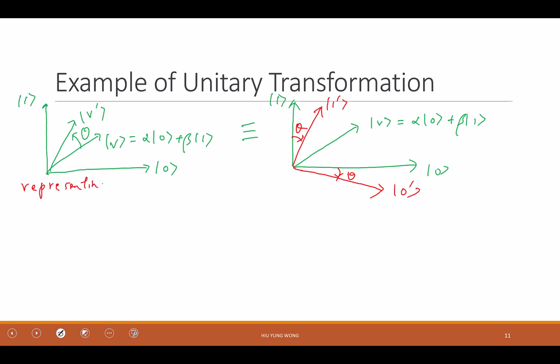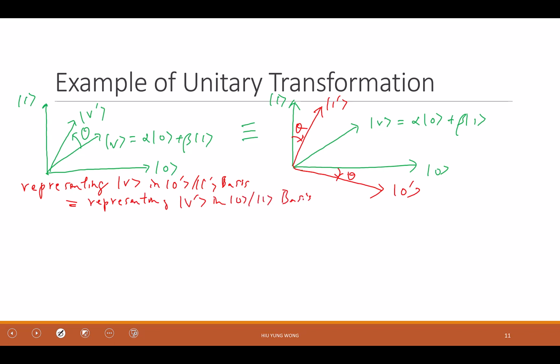Representing V in the 0, 1 basis is equal to representing V dash in the 0, 1 basis.